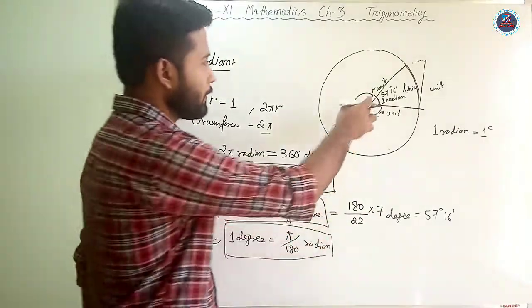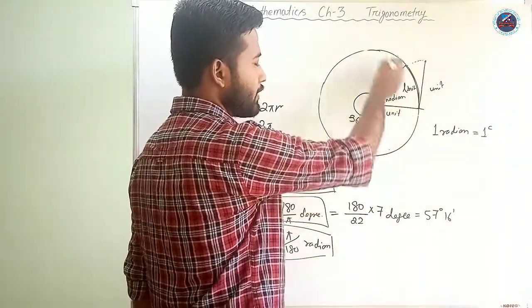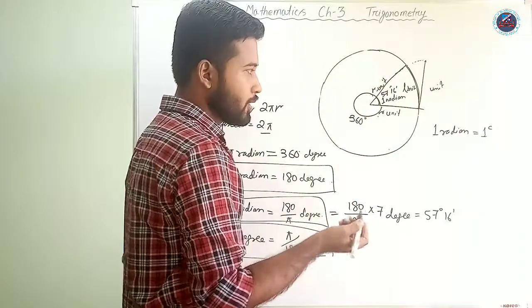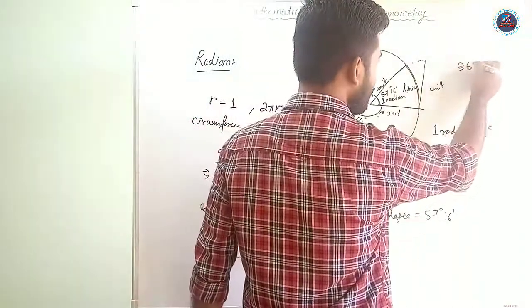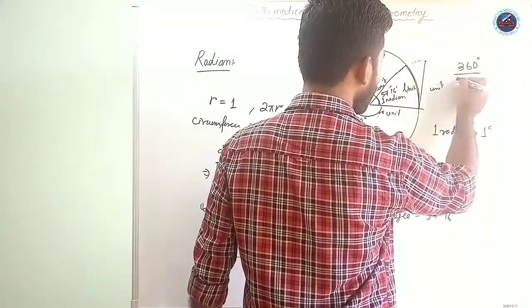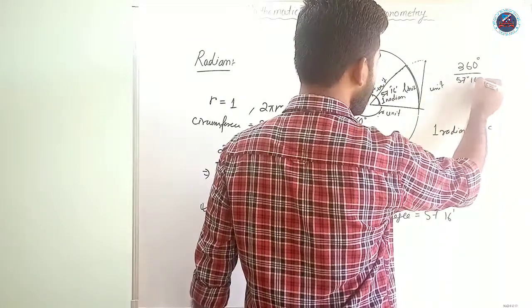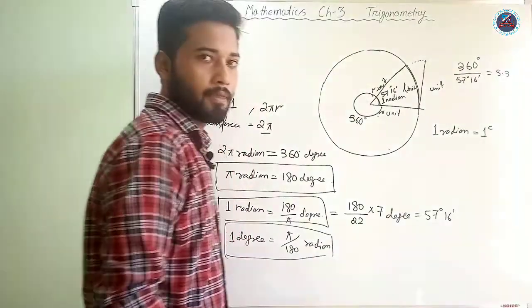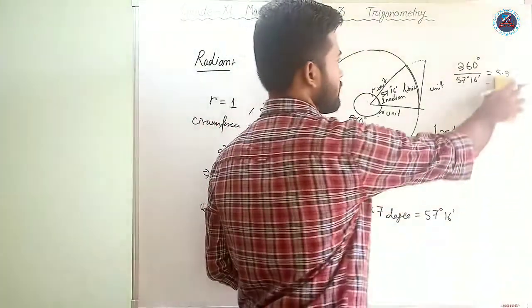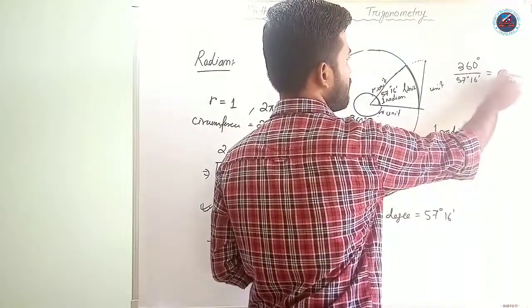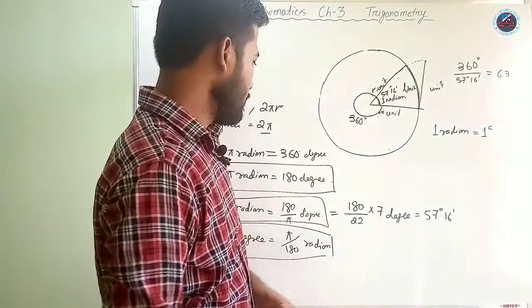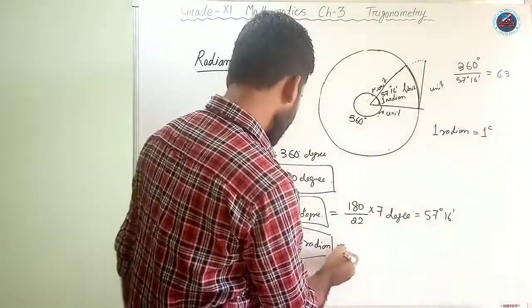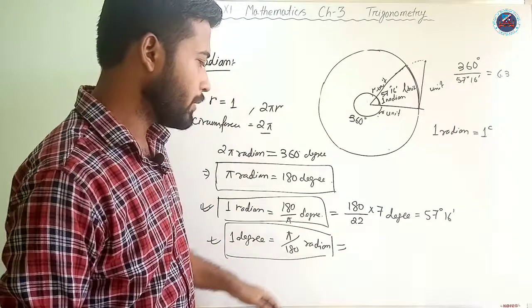Now if you want to find the total number of radians present inside the whole circle, just divide 360 degree by 57 degree and 16 minute. You will get something like 6 point something. And for this case, 1 degree is equal to pi by 180 radian.